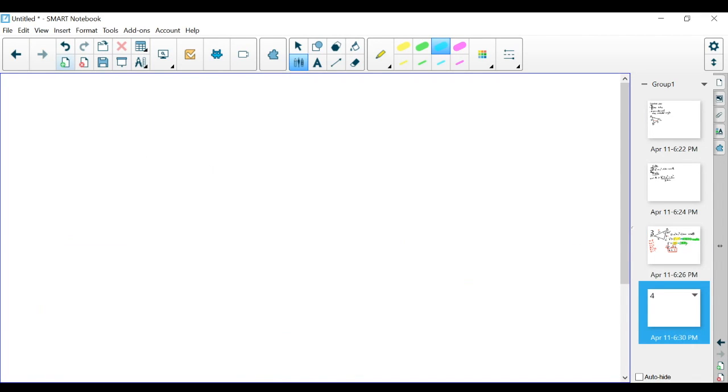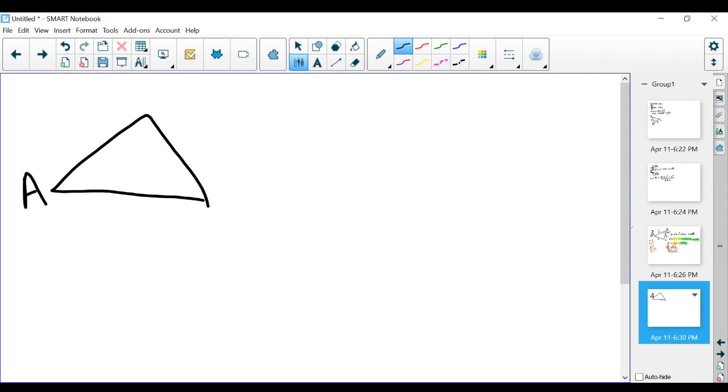Next, let's take a look at an example where we are going to solve for an angle. So given some sort of triangle, let's say we're given 3 different sides of a triangle, and we're going to be asked to solve for a certain angle. So let's say we have triangle ABC, and we know we've got 6, 5, and 8, and we are being asked to solve for angle B. Let's go ahead and label all the sides.